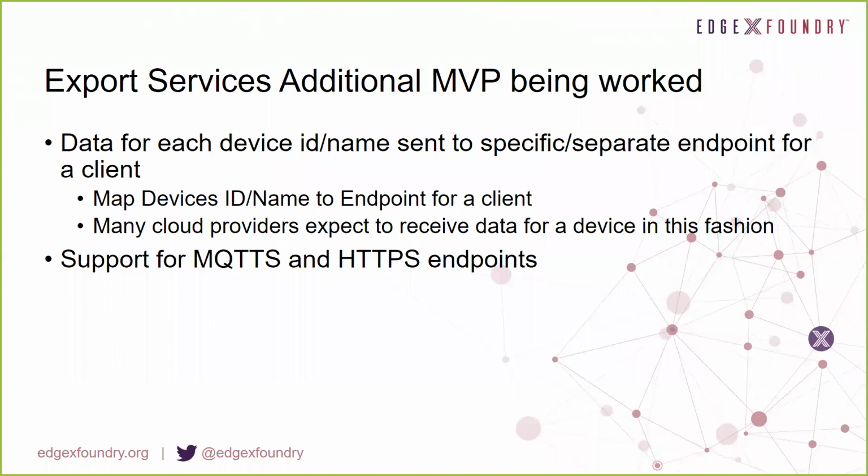So we're trying to meet that need in a little easier fashion by adding some capability both to client registration as well as to export distribution that allows clients to make those kinds of registration requests and then allows our distribution service to spray the data coming through to the appropriate topic based on device ID.